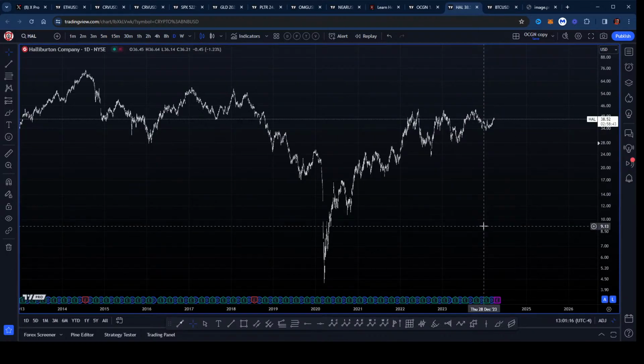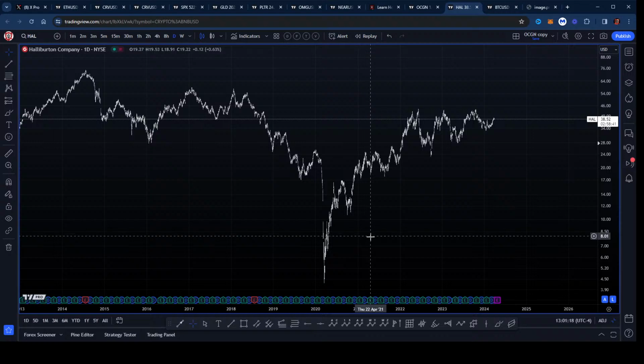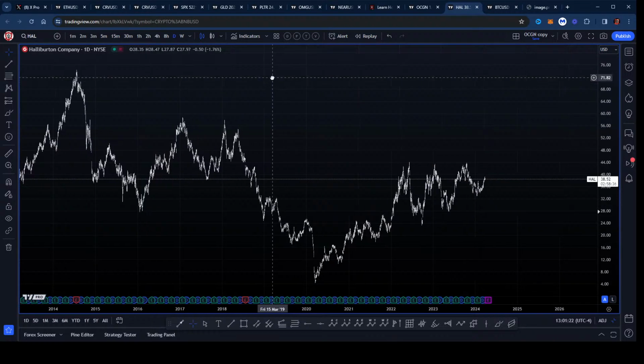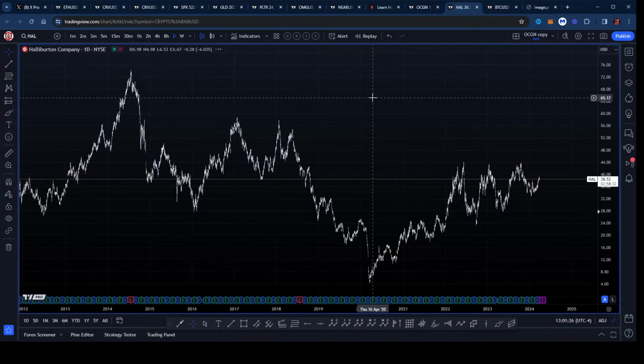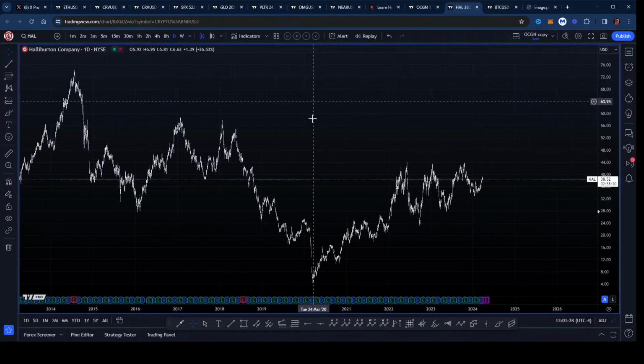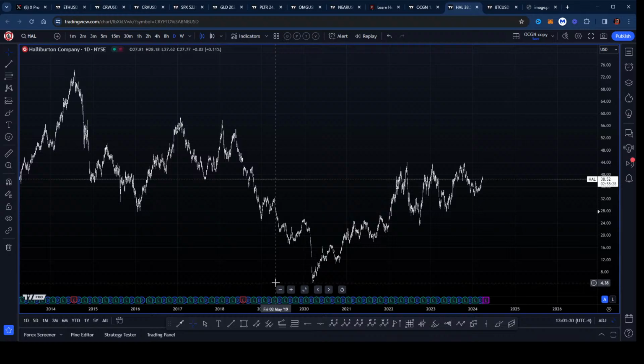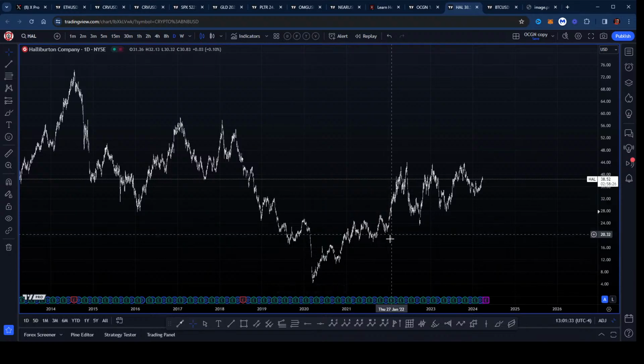Okay, Halberton. That's daily. Do I need log here? I don't know that I do. 4 to 40. Yeah, I guess I do. Although, a good rule of thumb is if we're really 4 times the range, you pretty much have to be in log. I'm 10 times the range.